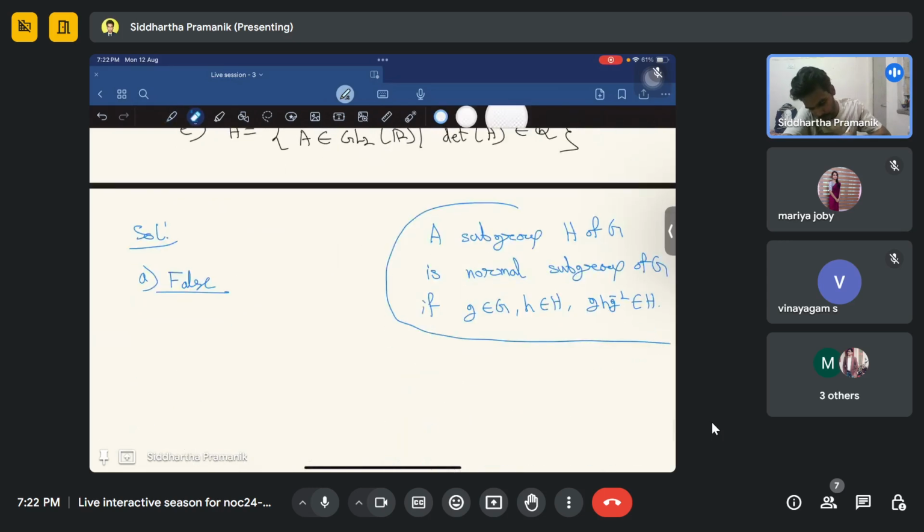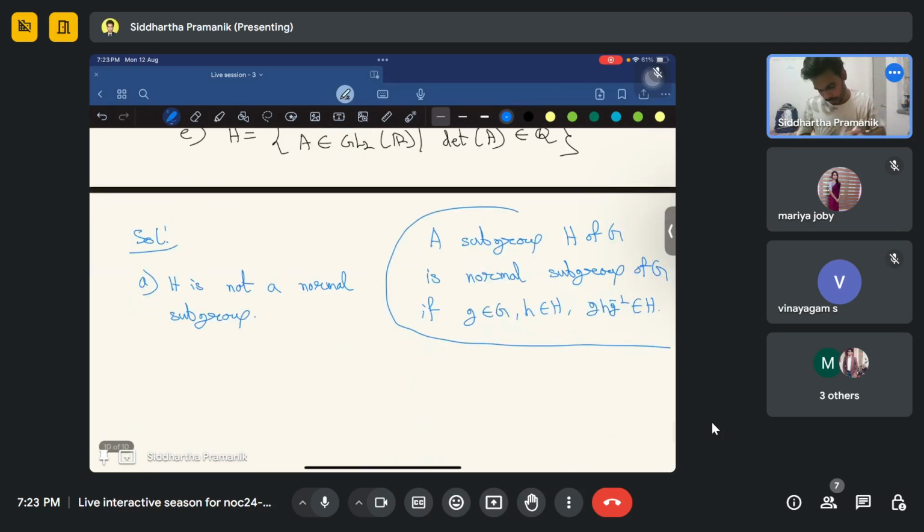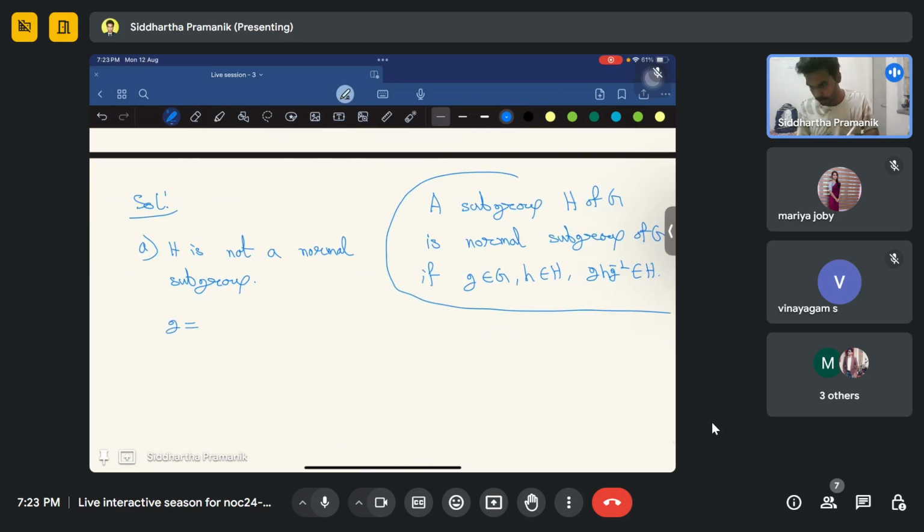So let's write H is not a normal subgroup. What you can do is just take arbitrary elements. Let's say g equals 1 0 1 2. So this is indeed in GL2(R) because it is an invertible lower triangular matrix. And let's take h equals 1 1 0 1.